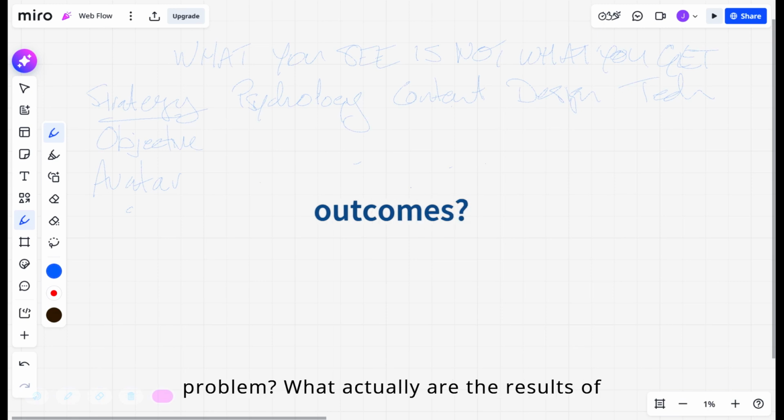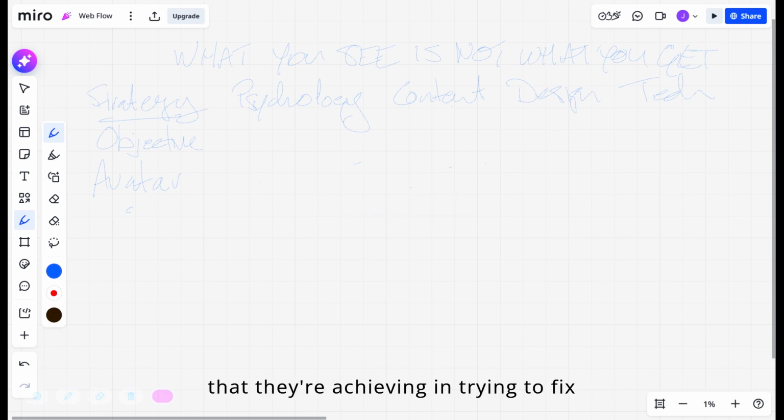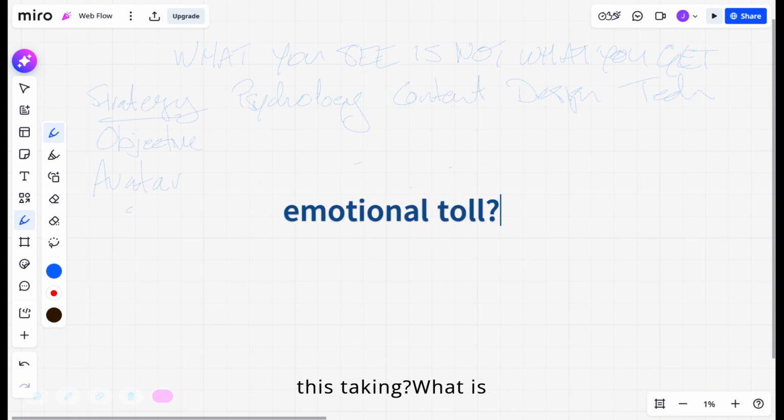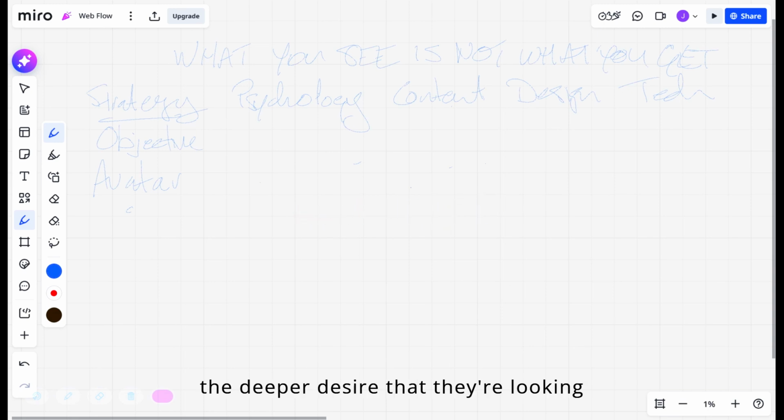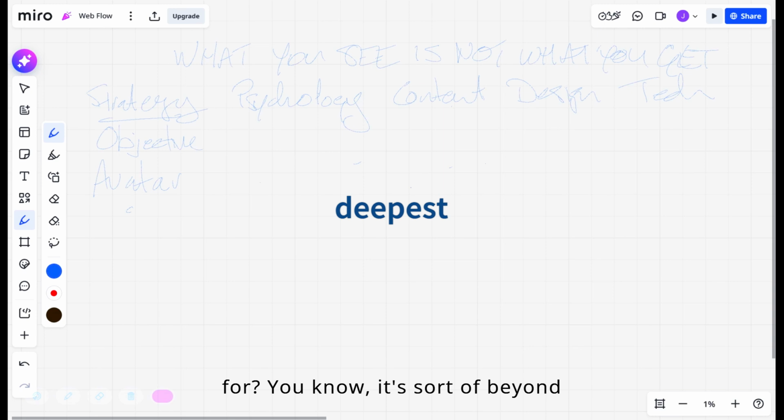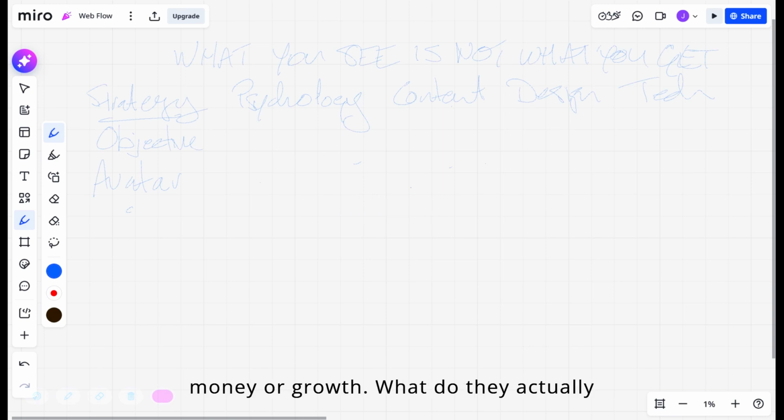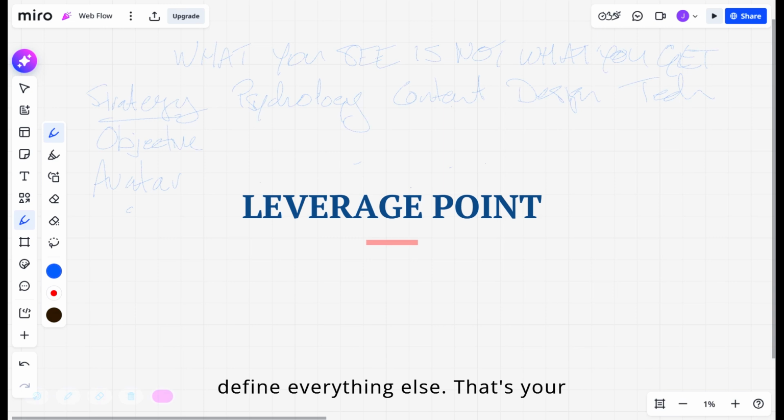What actually are the results that they're achieving in trying to fix their problem? What emotional toll is this taking? What is the deeper desire that they're looking for? It's beyond money or growth. What do they actually want? And if you can dig down to that level, then that will help define everything else.